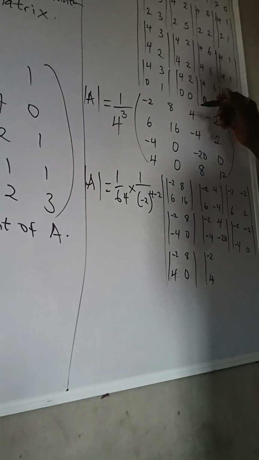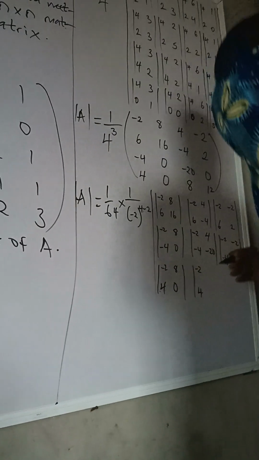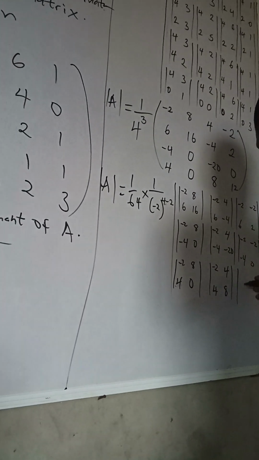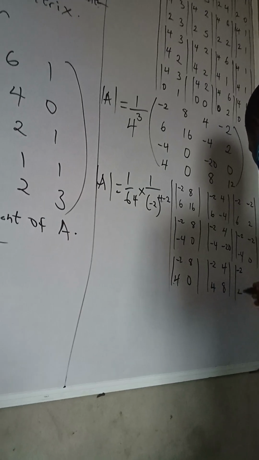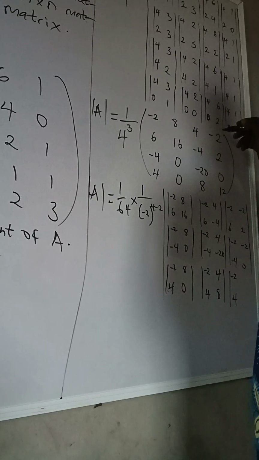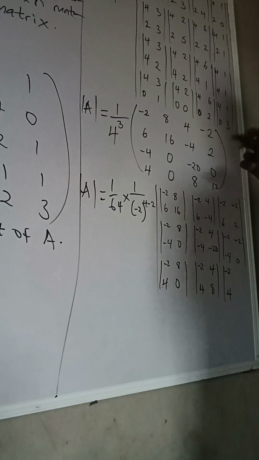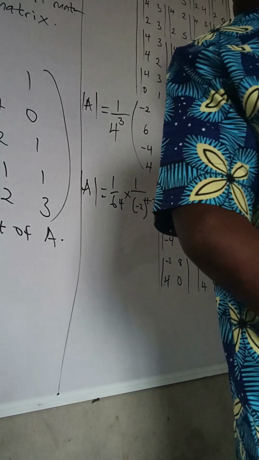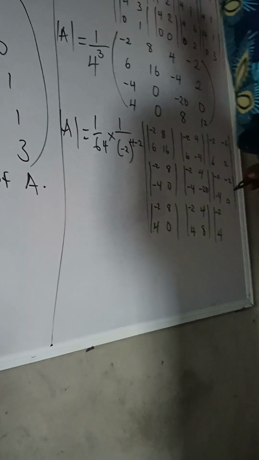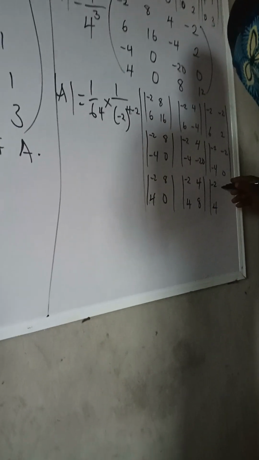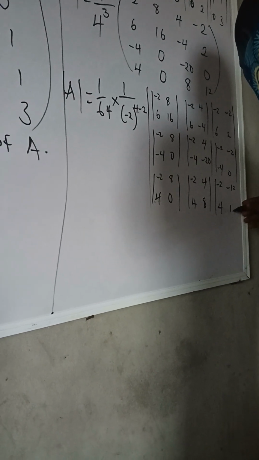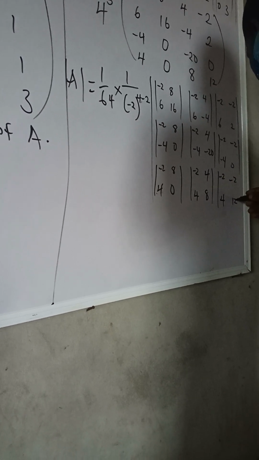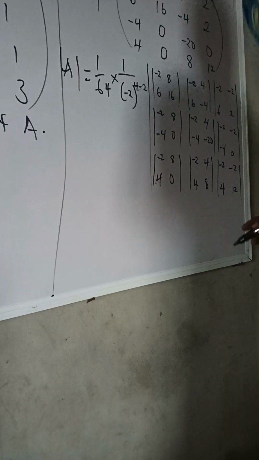And then 4 and then 8. 4, 8. And lastly, minus 2, 4. Then we have what? Minus 2, 12. Minus 2, 12. All right.